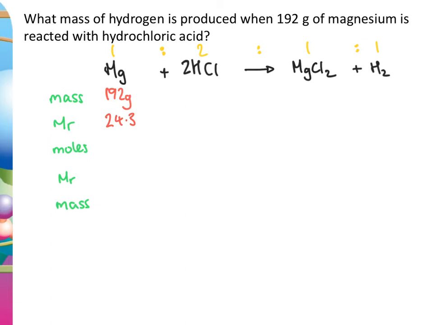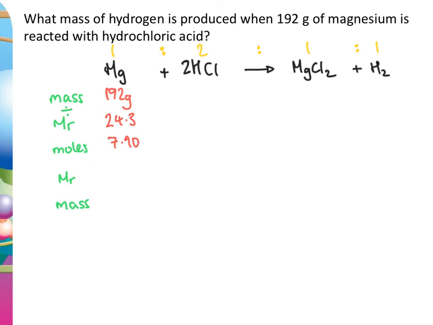So mass divided by MR is the number of moles. That would give us a value of 7.90. It's actually a much longer number than that, but I'm leaving it in my calculator. So we know that what we've got in our reaction is 7.90 moles of magnesium.